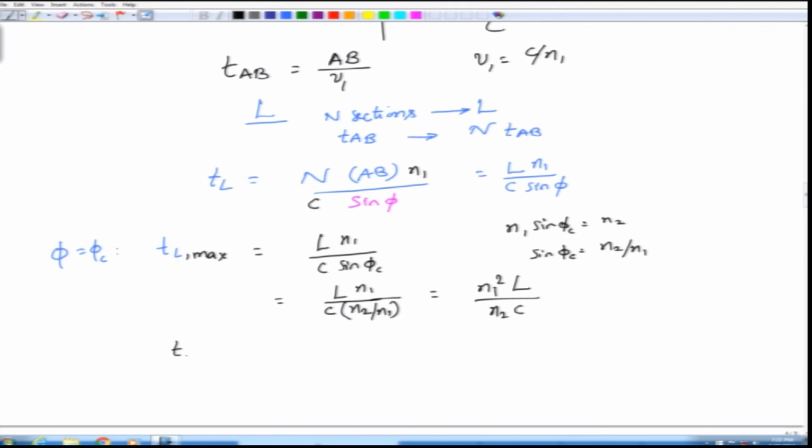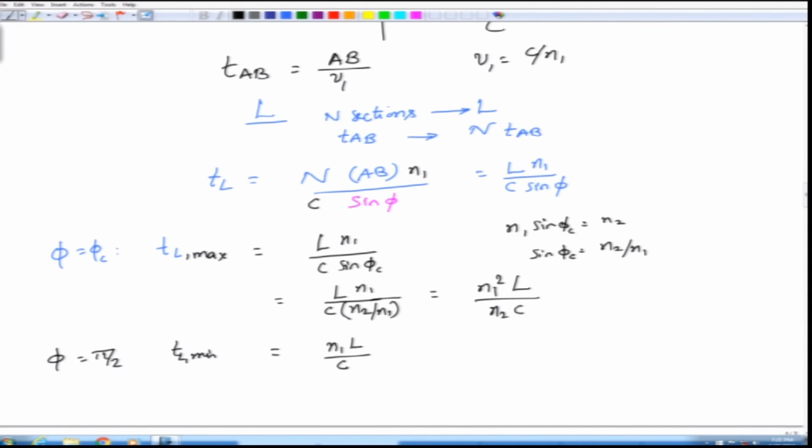When will you get the minimum length? So, the minimum will happen when phi is equal to pi by 2, at which point sin phi will be equal to simply 1. So, you get the minimum propagation time as n1 L by C. Okay.